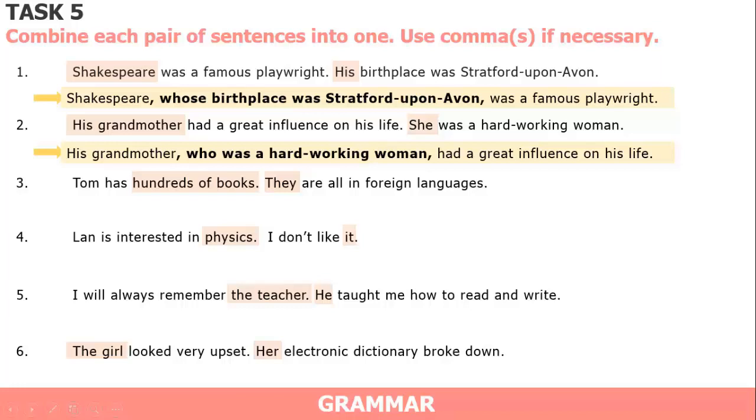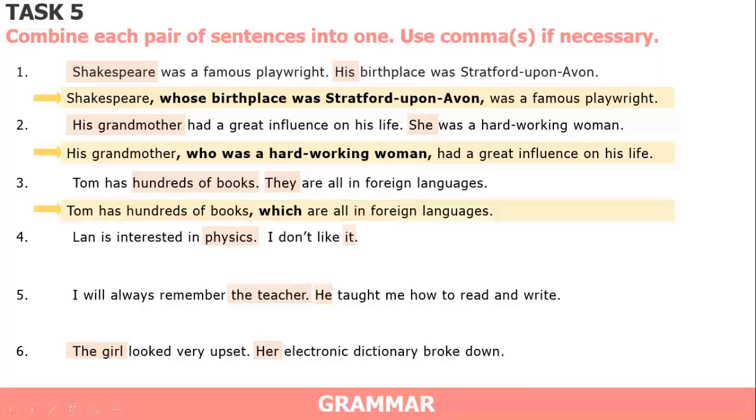Look at number 3. They in the second sentence will be replaced by which. We can write as follows. Tom has hundreds of books, which are on foreign languages. This sentence has a non-defining relative clause.